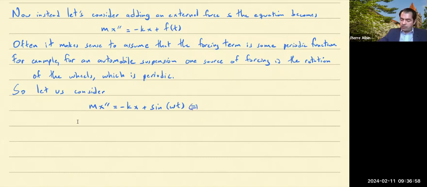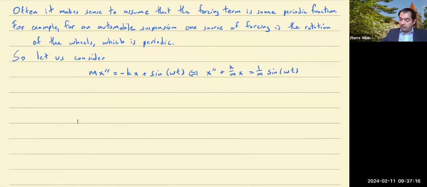And we can rewrite this equation as x double prime plus k divided by m times x is equal to 1 over m sine of omega t. Okay, so this is a linear equation with constant coefficients, but non-homogeneous. So we know a lot about solving these equations now. What we need is a particular solution.